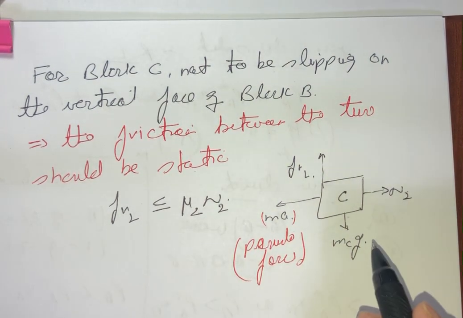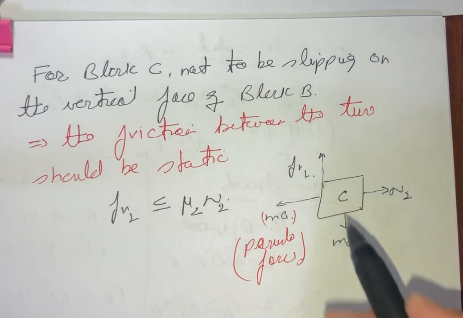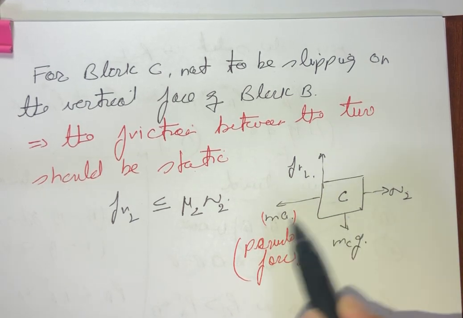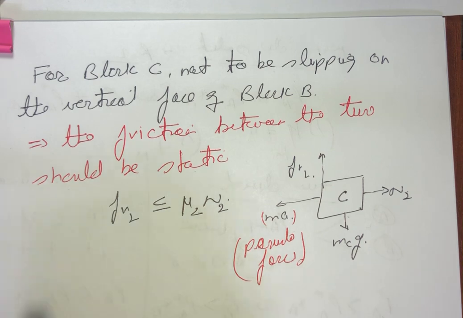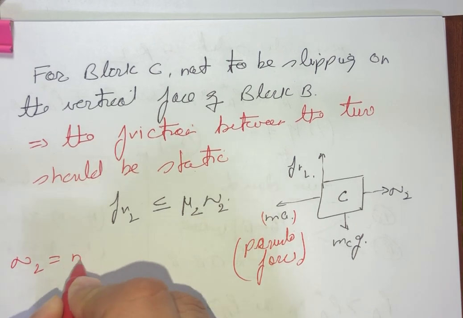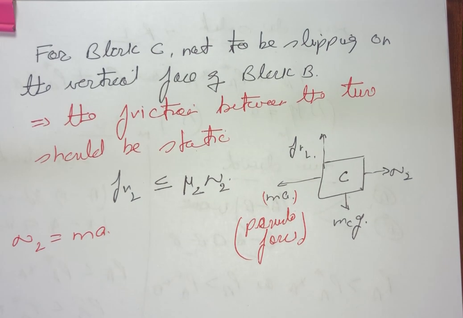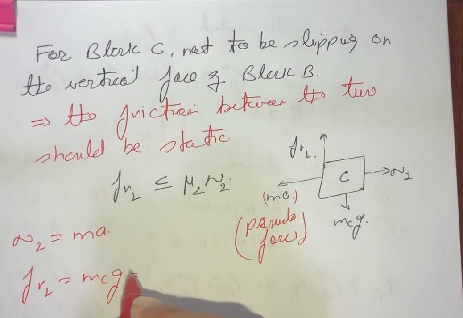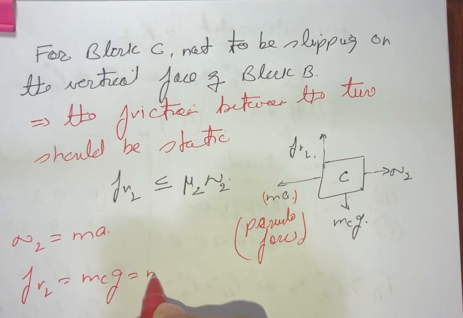Okay. And so from this figure we can say that N2 will be equal to MA, and FR2 should be equal to MCG, which basically is nothing but Mg.